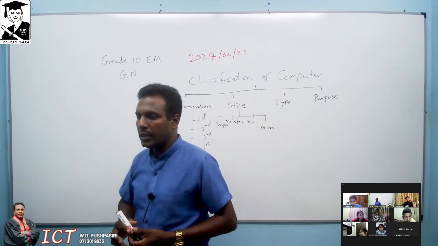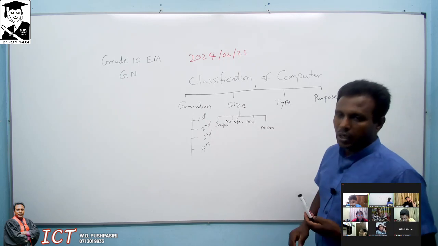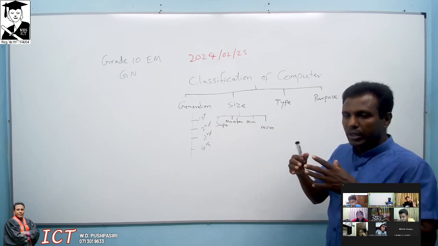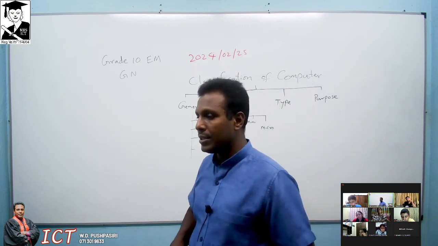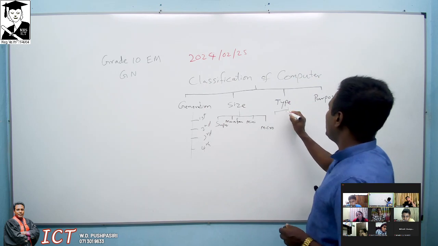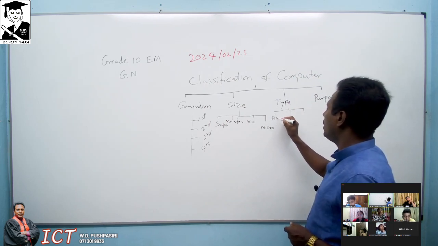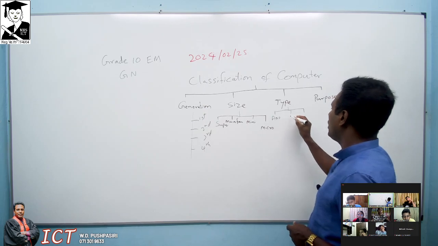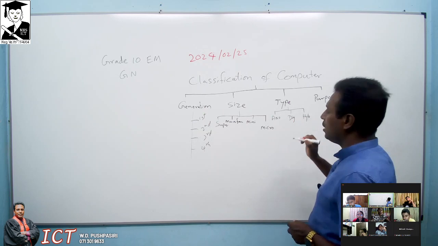Micro, right? Then according to the type, how many types are there in the computer, or we can say technology. In your book it says technology, or else type. There are 3 types: analog, digital, hybrid, right?